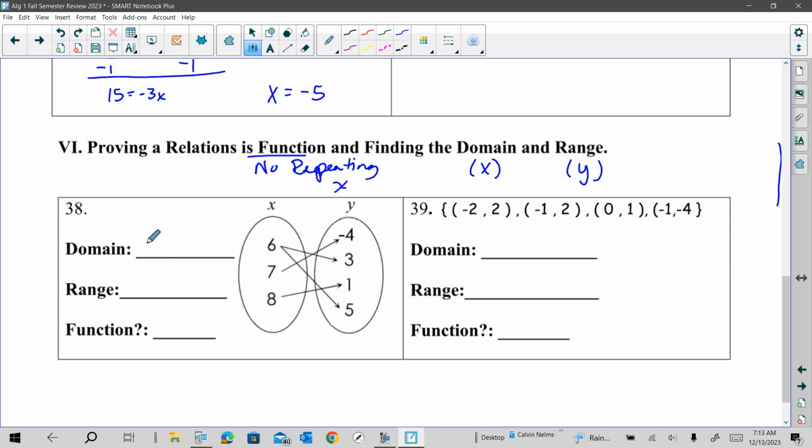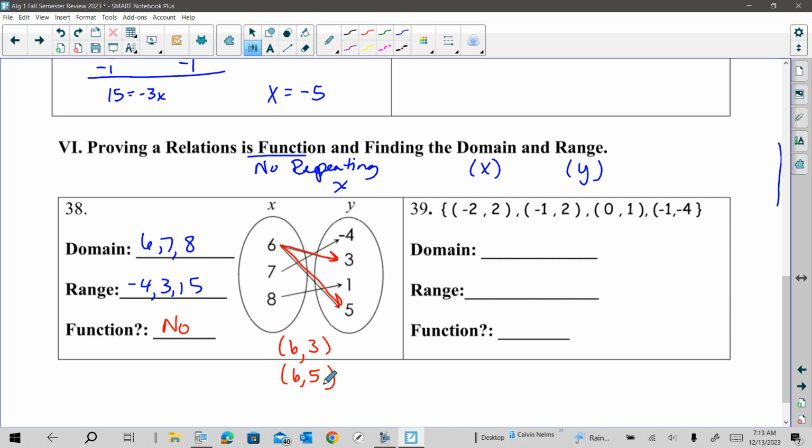So here the domain is just our 6, 7, 8. Our range, negative 4, 3, 1, and 5. Is it a function? Well, on mapping, anytime we see a number split off to 2, because this is saying 6 is to 3 and 6 is to 5, this is no. Okay. You try the next one.